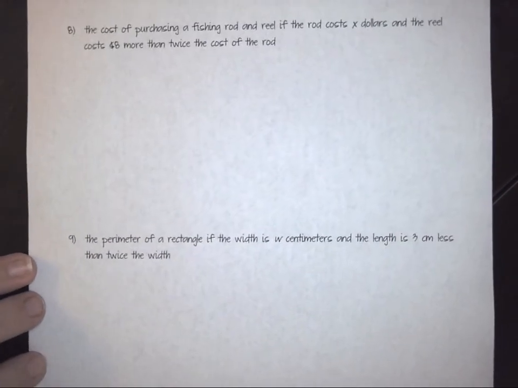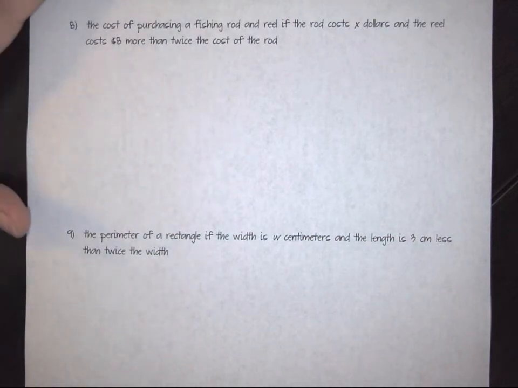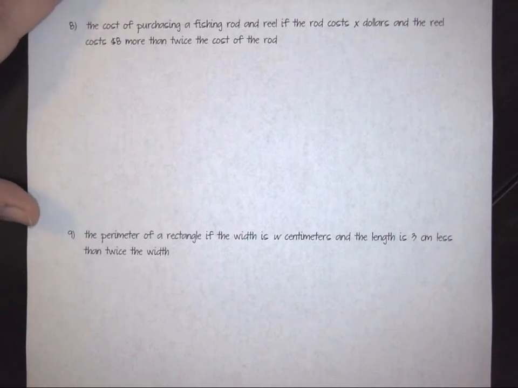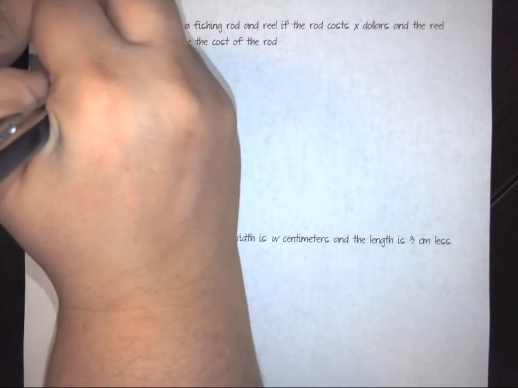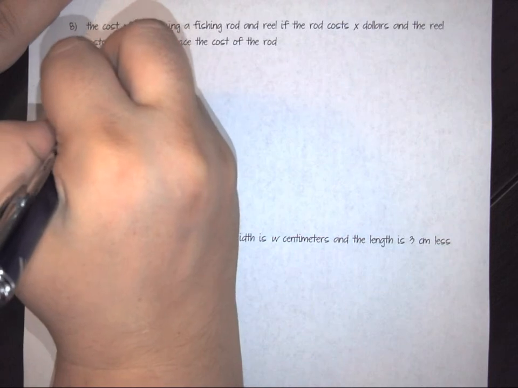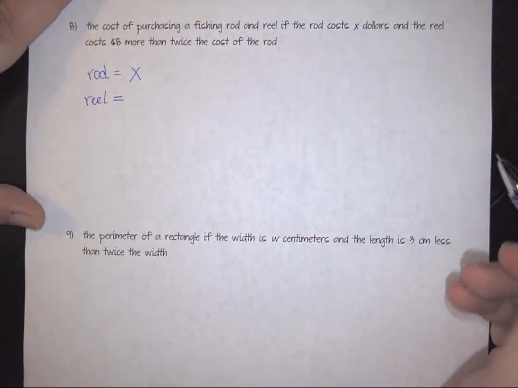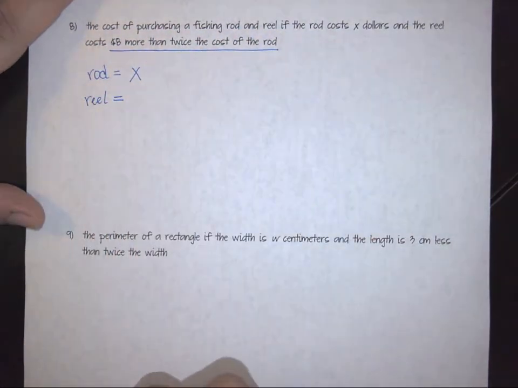Now let's make it a little more interesting. So I have the cost of purchasing a fishing rod and reel if the rod costs X dollars and the reel costs 8 more than twice the cost of the rod. So what do we know? I have a rod that costs X dollars and I have a reel that is going to cost 8 more than twice the cost of the rod.